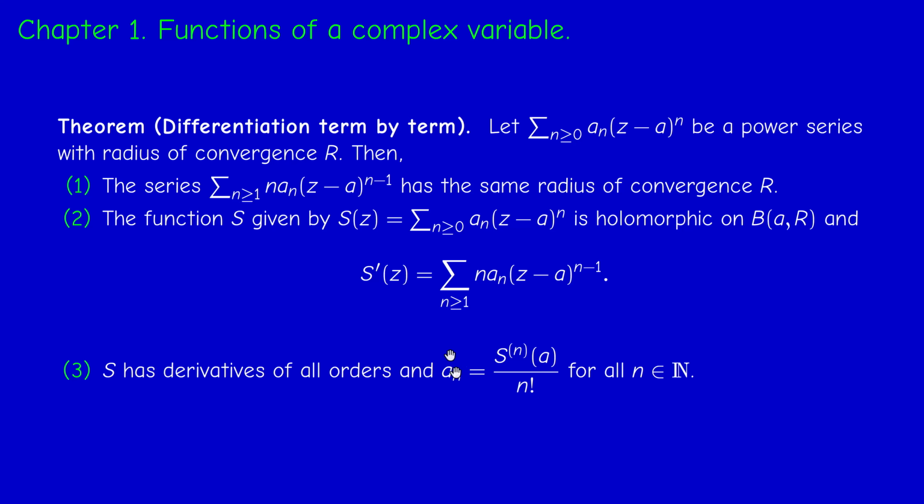This is the Taylor formula for the coefficients. In principle, you proved this theorem in the second year in a special course on series of functions, so I will not repeat it here, but we shall use it.